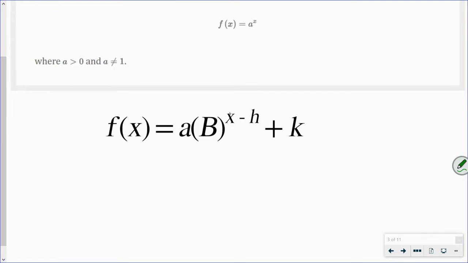Notice b would be right here, but now this is kind of our base of the exponent is our new b. So just a reminder here, h, the opposite of h goes left and right. So positive will go left and a negative will go right. A out front is a vertical stretch or compress.